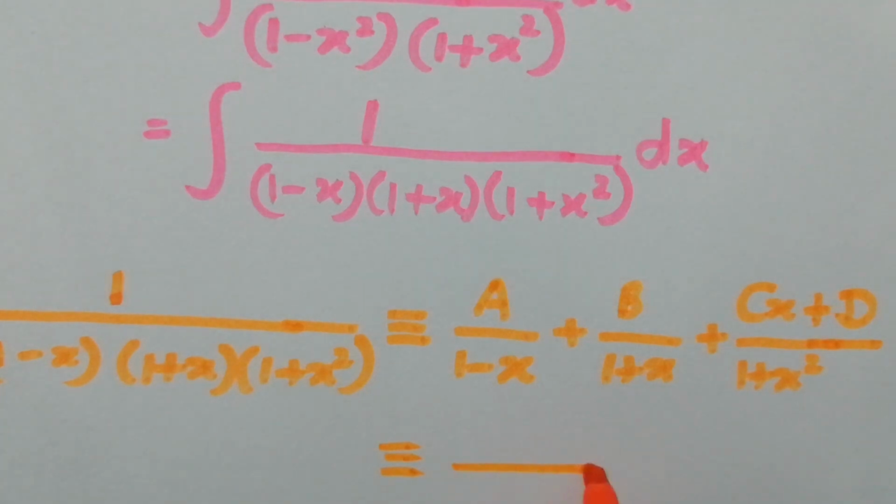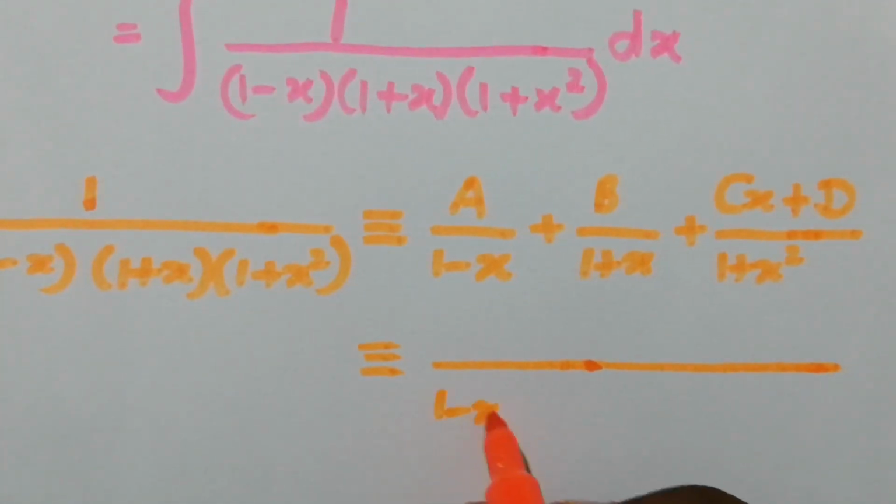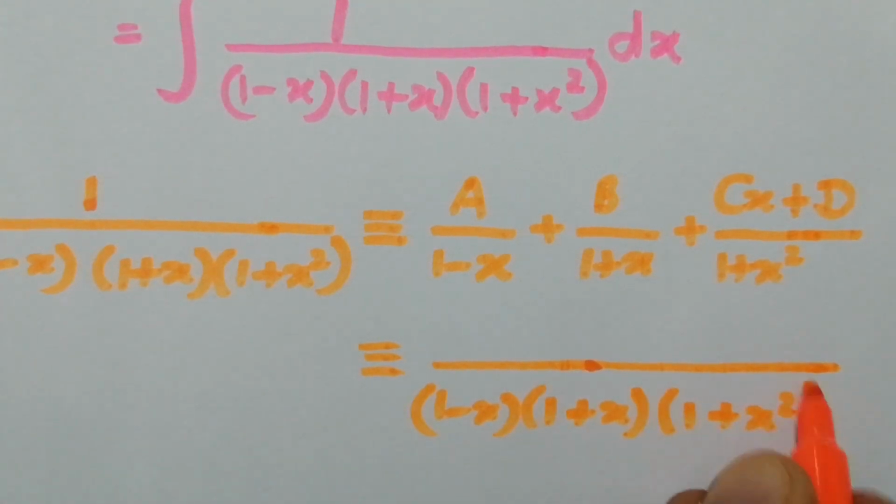Now I am taking the common denominator, (1 minus x) times (1 plus x) times (1 plus x squared).